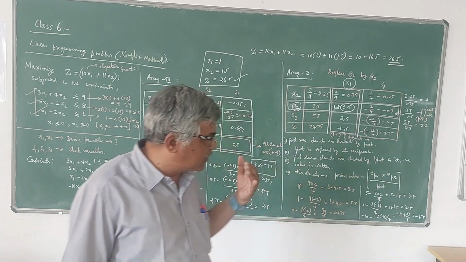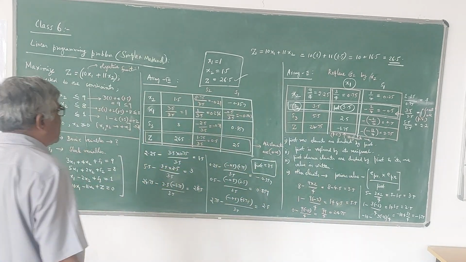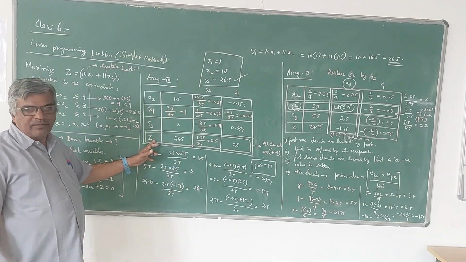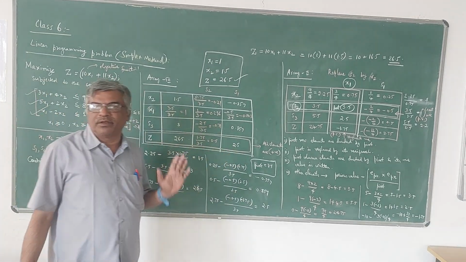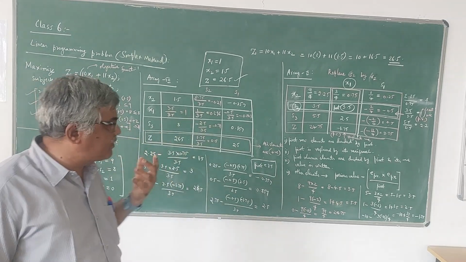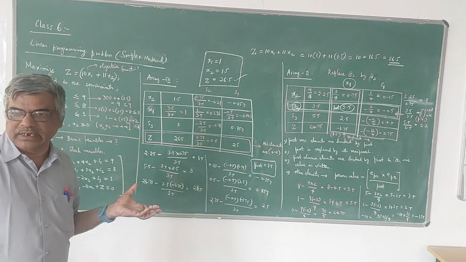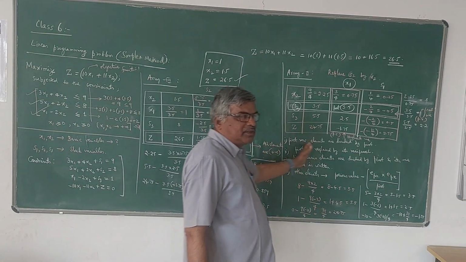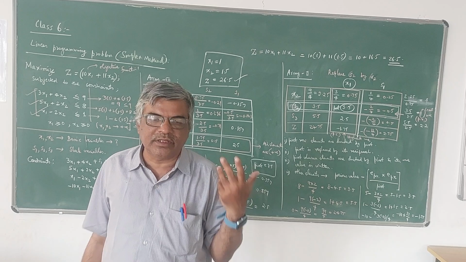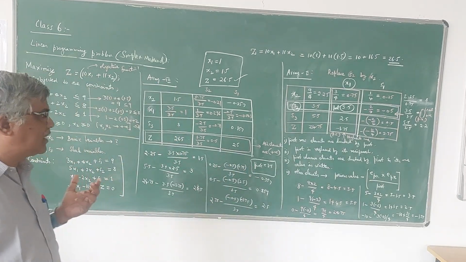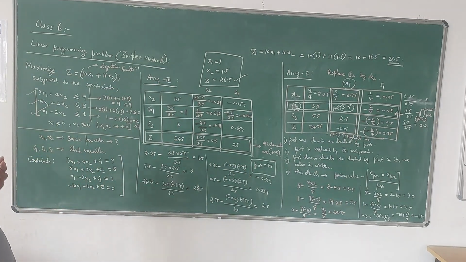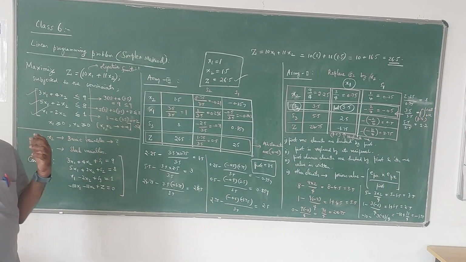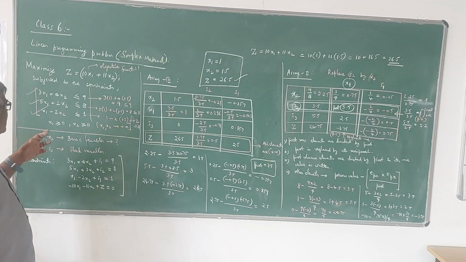Then we repeat the iteration procedure until the last row, the values associated with z, all become positive. None of them should be negative. Once they become positive, you can stop at that stage. Normally, in the exam you may get a maximum of 3 tables. This is called the simplex method for solving a linear programming problem. It's a maximization type of problem where the constraints are less than or equal.